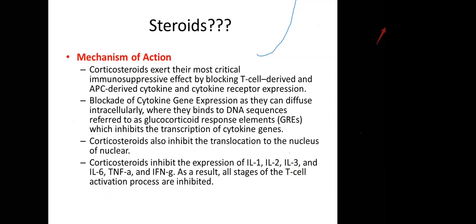They affect signal 1, signal 2 and signal 3. They inhibit T-cell activation and block the link between the T-cell and the antigen-presenting cell, also block the cytokines and inhibit interleukin 1, 2, 3, and it inhibits the whole process.